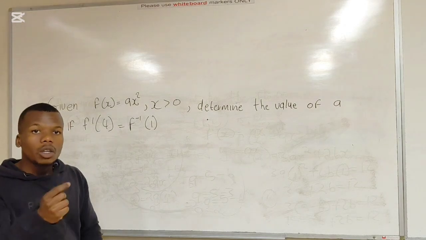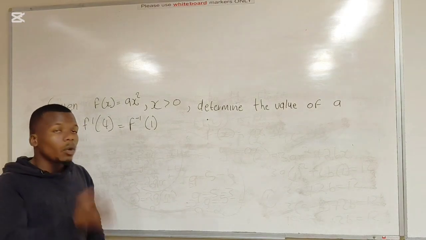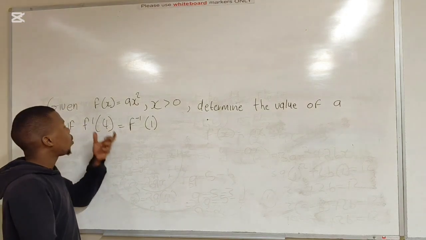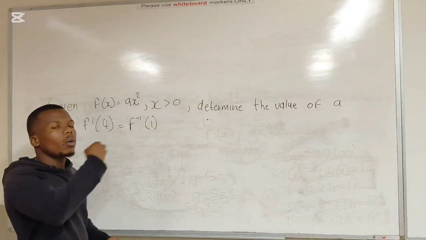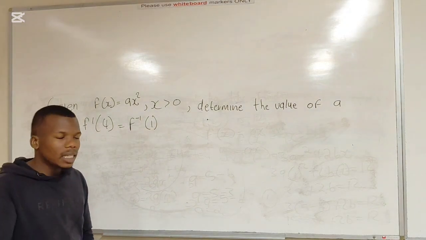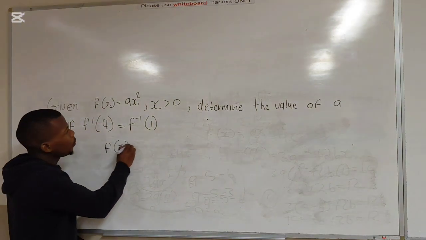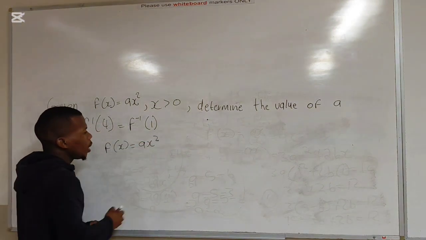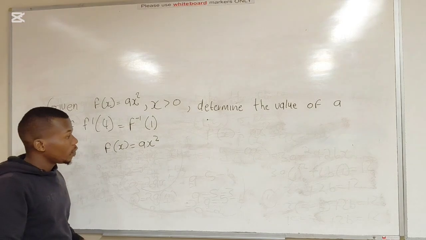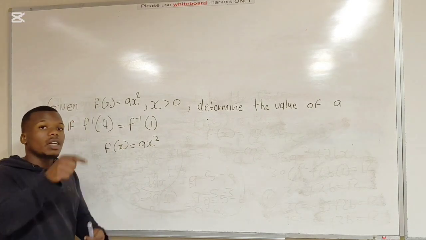First of all, in order for us to answer this question, we must find the first derivative of our function and the inverse of our function. Let's start by finding the first derivative. Remember, if I have f of x equal to ax squared, in order for me to find the first derivative, I must derive my original function.